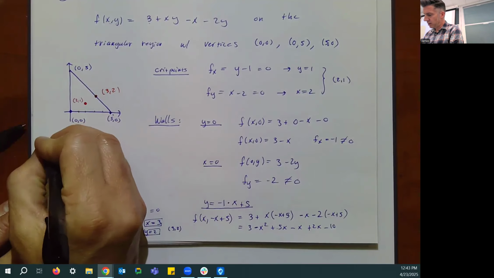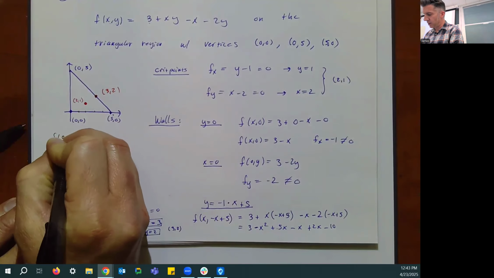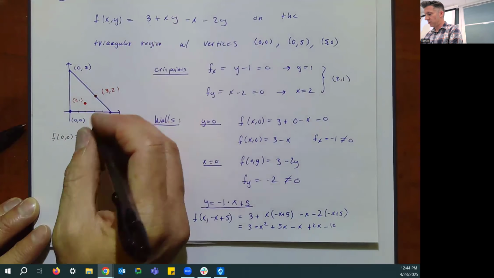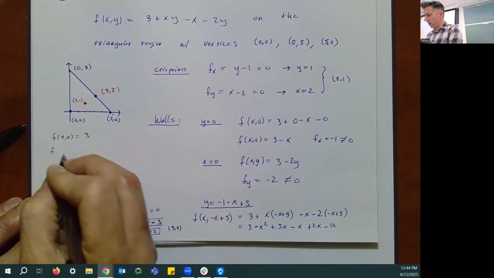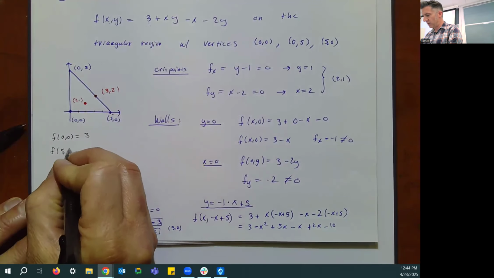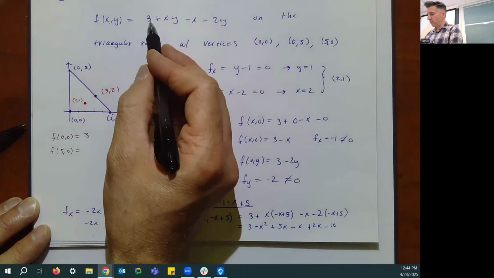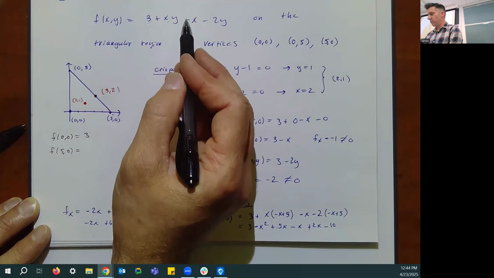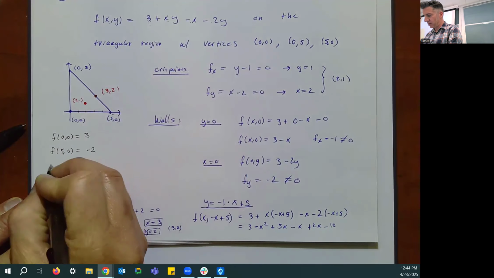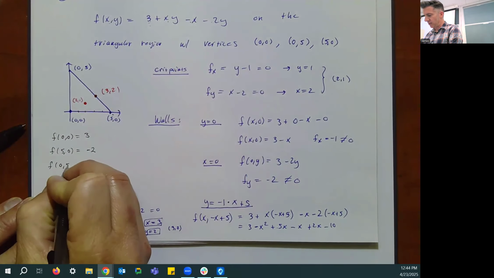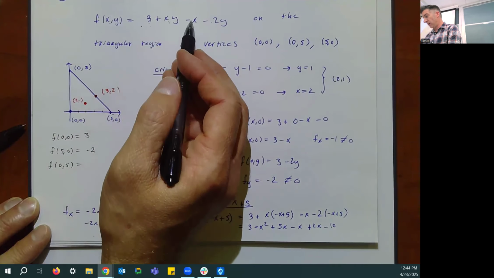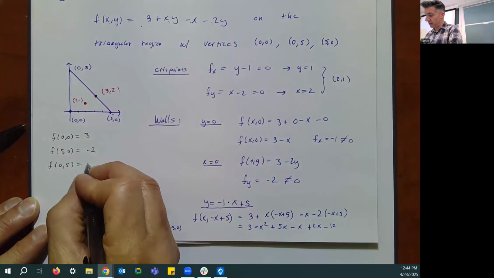F of 0, 0 is going to be 3 plus 0 minus 0 minus 0. Let's do the corners first. F of 5 comma 0 is going to be 3 plus 5 times 0 is 0, minus 5 minus 0, so 3 minus 5 is negative 2. F of 0 comma 5 is going to be 3 plus 0 minus 0 minus 10, so 3 minus 10 is negative 7.